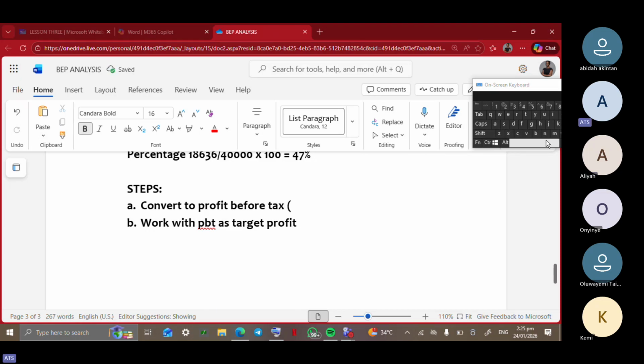The formula is 1 minus tax times profit before tax. Please, I need you to take note of all these formulas. So this is how you convert your profit after tax to profit before tax.